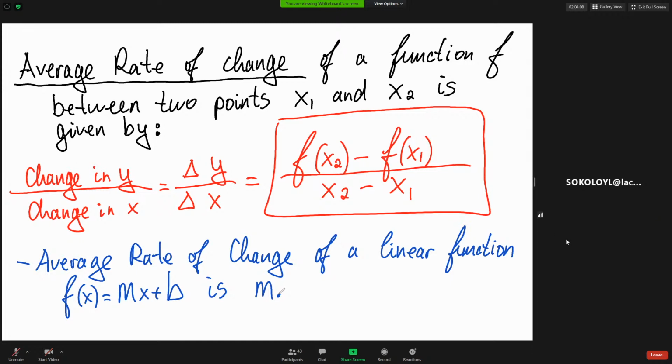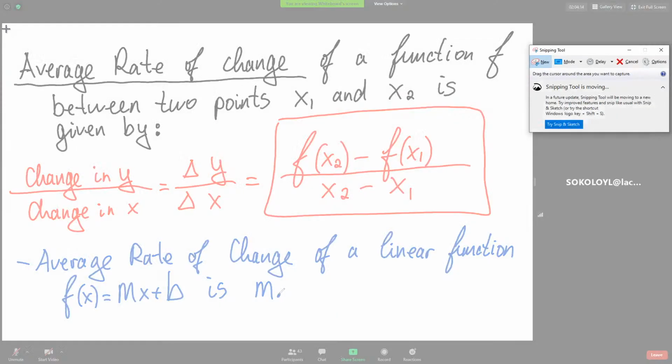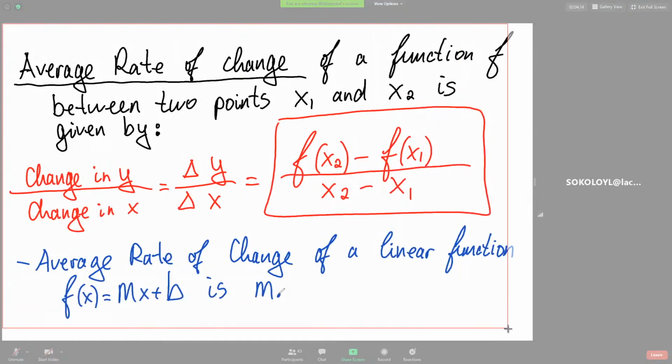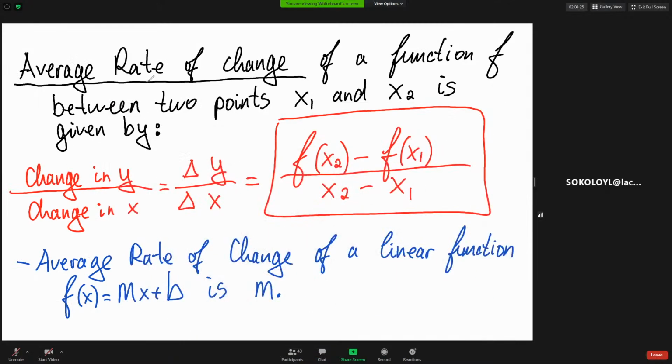So regardless of what type of linear function you have, the average rate of change for any linear function is always the slope of that linear function. And we're actually going to prove this theorem because it's a very basic proof, so it's worth mentioning. So let's do a proof on the next page.